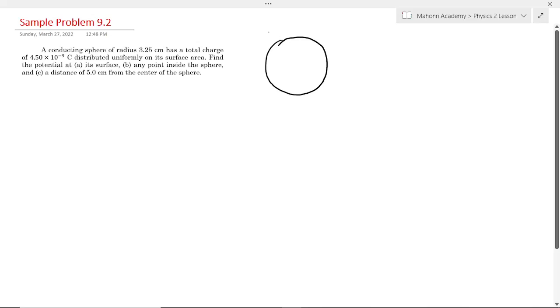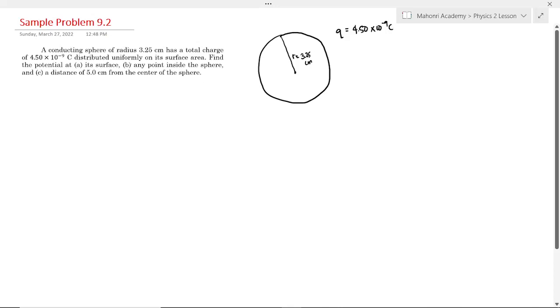So this is our sphere and it has a radius of 3.25 centimeters and has a total charge of Q, 4.50 times 10 raised to negative 9 coulombs, distributed uniformly on its surface. So this Q is only found on the surface.